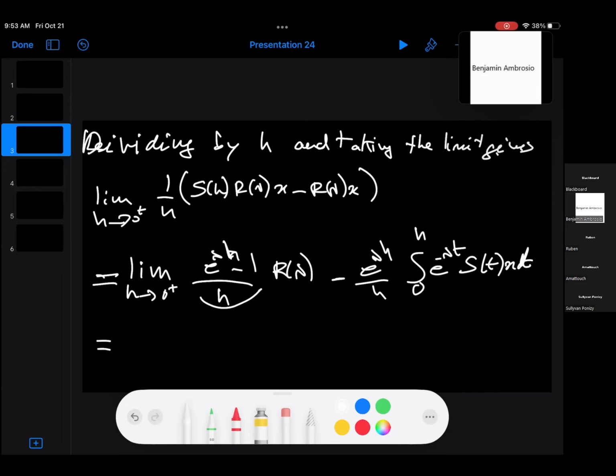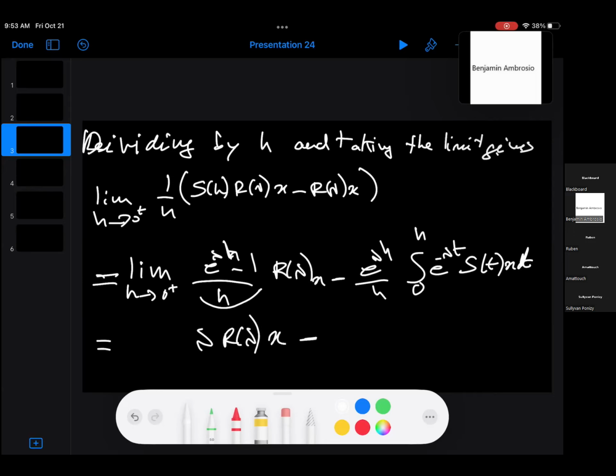So this is nothing but the derivative of exponential lambda t at t equals 0. So the derivative of that is lambda. So here I forgot the x. This is lambda x, and R lambda x doesn't depend on h, so I obtain the same.